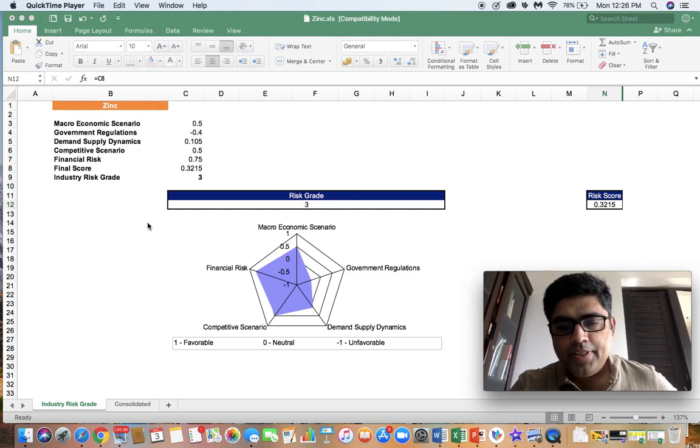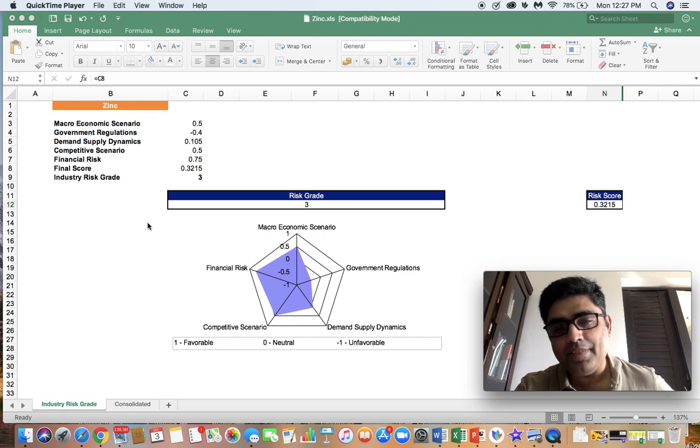Hi, in this video we are going to look into how to create a very simple industry risk grade sheet. So essentially, if you are trying to communicate to some company in the context of a report that you are placing across, where you need to do some level of industry analysis and you would like to keep it very simple, and in very simple words you would like to place across the present context of the industry scenario.